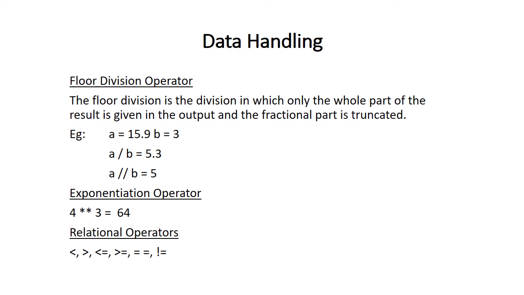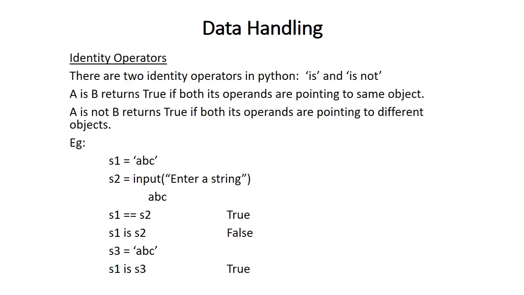Relational operators: less than, greater than, less than or equal to, greater than or equal to, equal to, not equal to. Identity operators. There are two identity operators in Python: is and is not. a is b returns true if both its operands are pointing to the same object. a is not b returns true if both its operands are pointing to different objects.